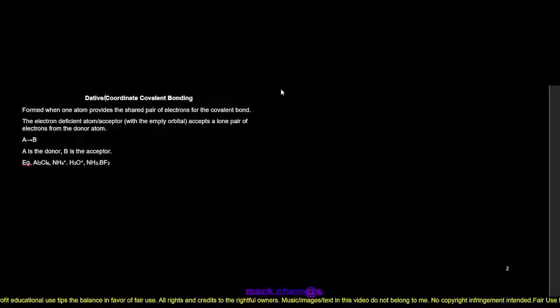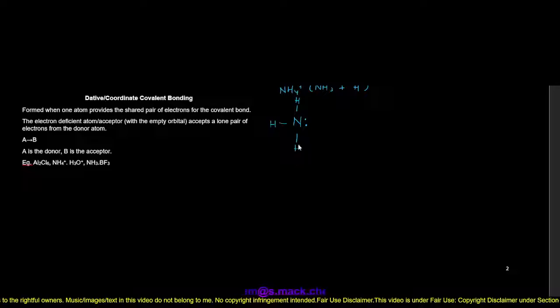We'll start with NH4+, where this molecule is formed between ammonia and a proton. We see that nitrogen has a lone pair of electrons, and hydrogen, just being a proton, would have no electrons in its outer shell.